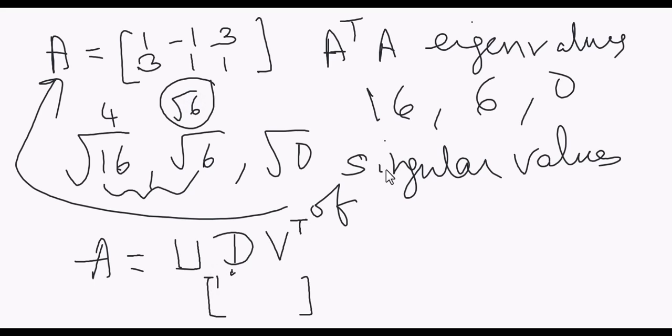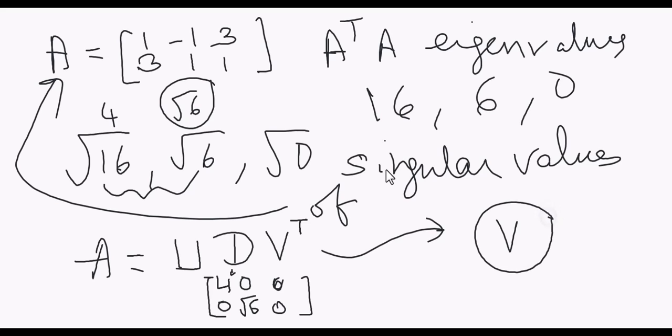So we will have 4, 0, 0, square root of 6, and then in the remaining places we have zeros. So this is our matrix D.